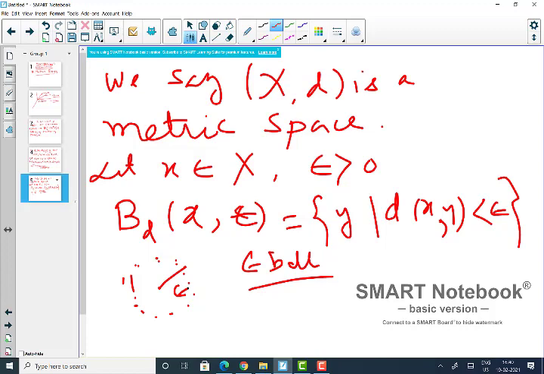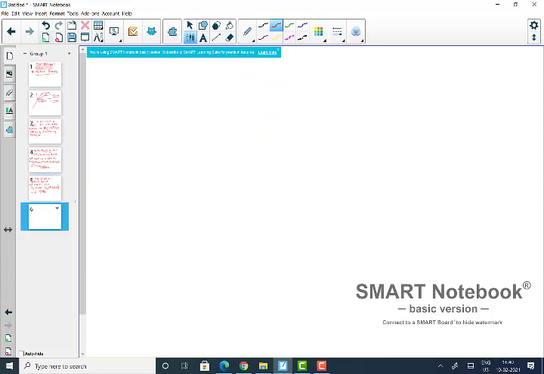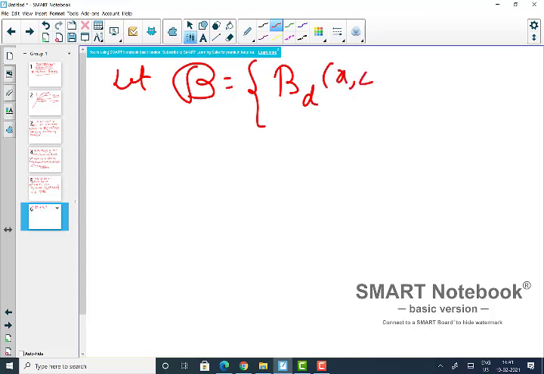Now if you collect these epsilon balls, then what happens? Let me collect this: this is the collection of epsilon balls with respect to the metric d, where x belongs to X and epsilon is positive. Okay, now can you guess what kind of set this is?